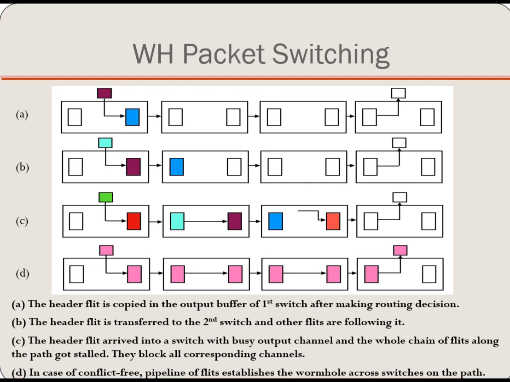But later this design is not attractive anymore, because buffer is too cheap right now. Nobody cares about the size of the buffer anymore. So packet switching, pure store and forward or cut through, becomes much more commonly used. And wormhole is only discussed in the literature.